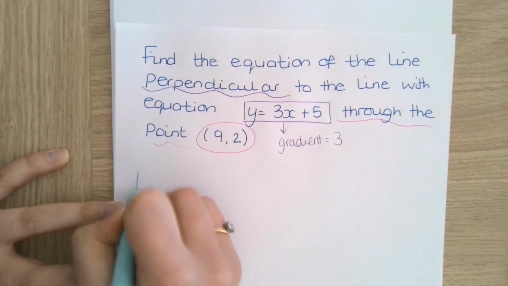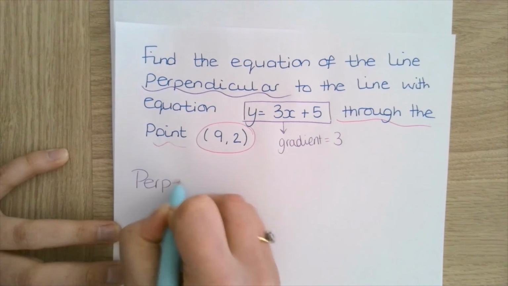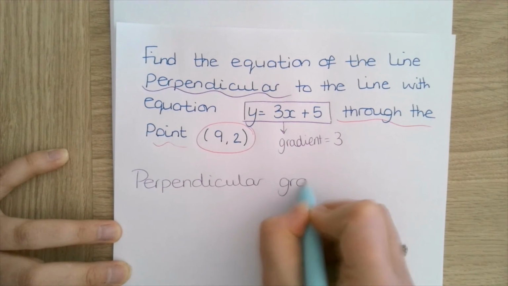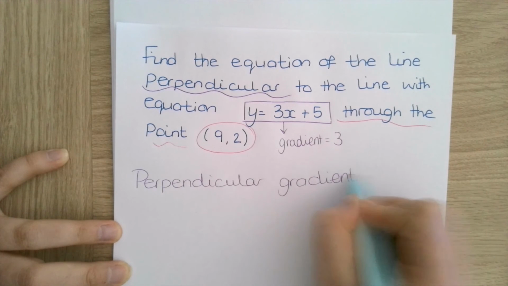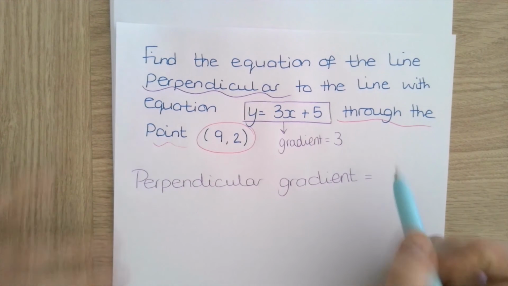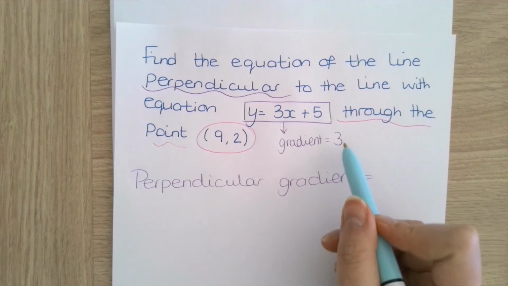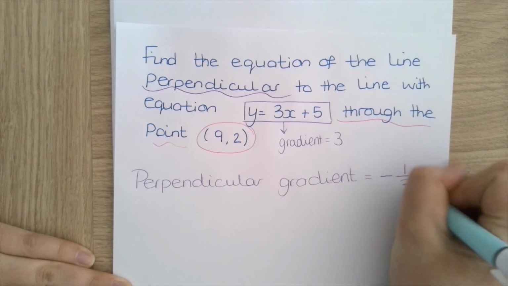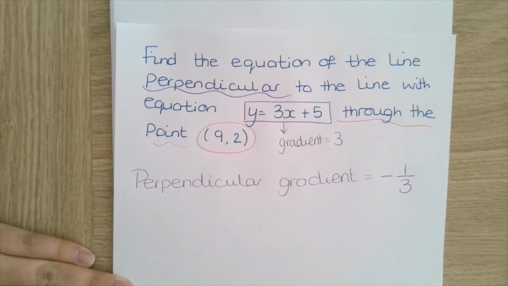So the perpendicular gradient is the negative reciprocal of 3. So the negative reciprocal of 3 is minus 1 over 3, so negative 1/3.